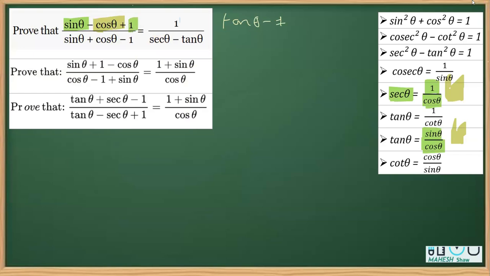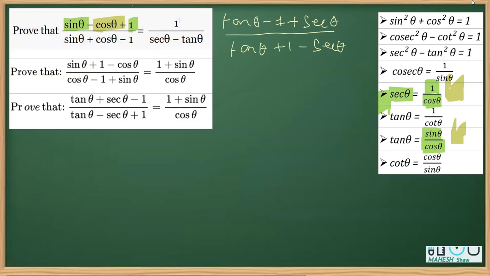And then 1 divided by cos is sec, so plus sec theta. And it is the same with the denominator: tan theta plus 1 plus, not minus, sec theta.